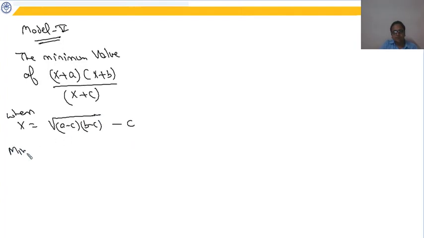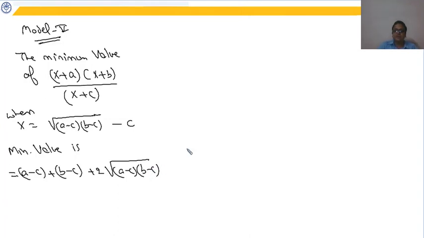And its minimum value is (a - c) + (b - c) + 2 times the square root of (a - c)(b - c). It becomes easier if we find the value of x and put it back into the expression.